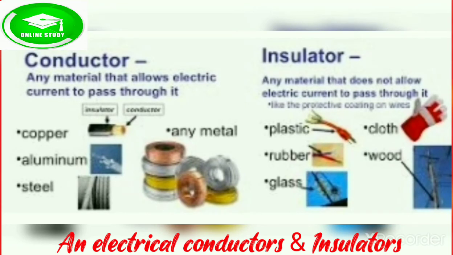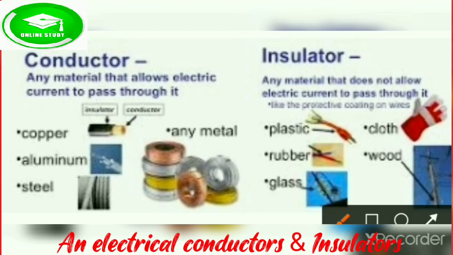Now let us see the difference between conductors and insulators. As we know, conductors are materials which allow the electric current to pass through them. Examples are copper, aluminium, steel, or any metal. All these are conductors, as they are used in electric wires and electric appliances.